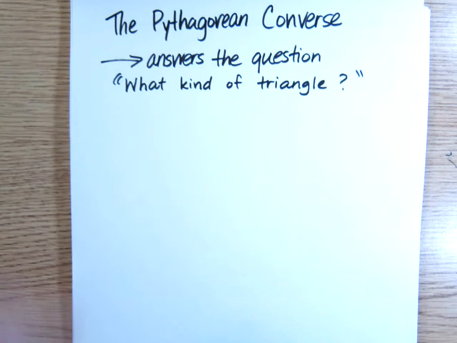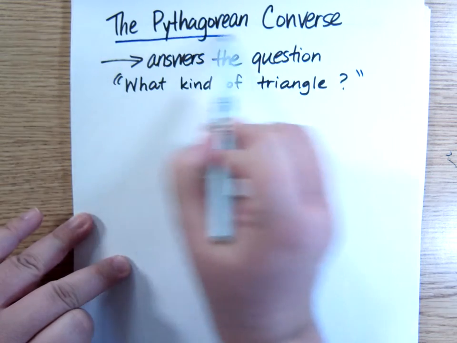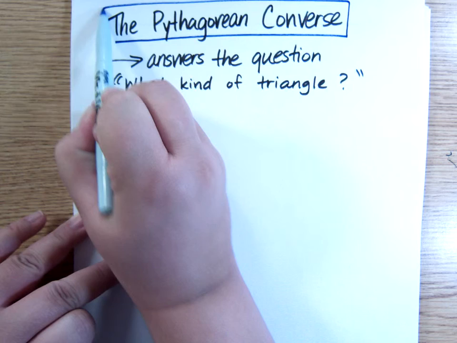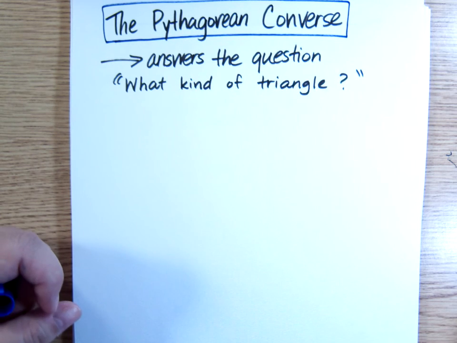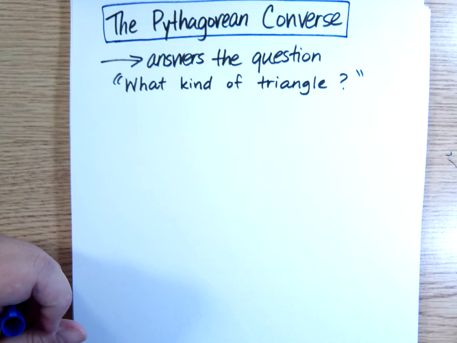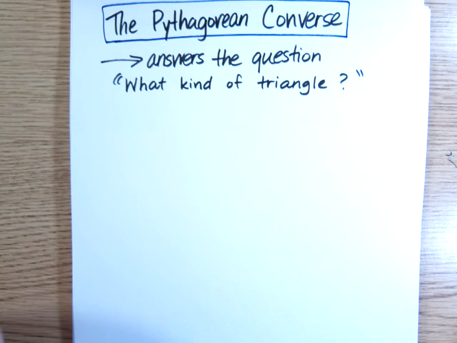So what you are using in these problems is called the Pythagorean Converse, or the converse of the Pythagorean theorem. It basically means we're using the Pythagorean theorem backwards. Instead of saying, I know this is a right triangle, so I know that a squared plus b squared equals c squared, we're asking what kind of triangle this is. I know 3 sides.